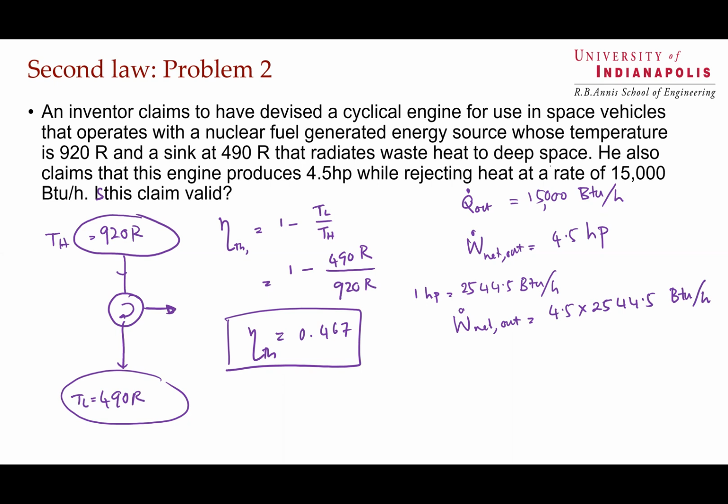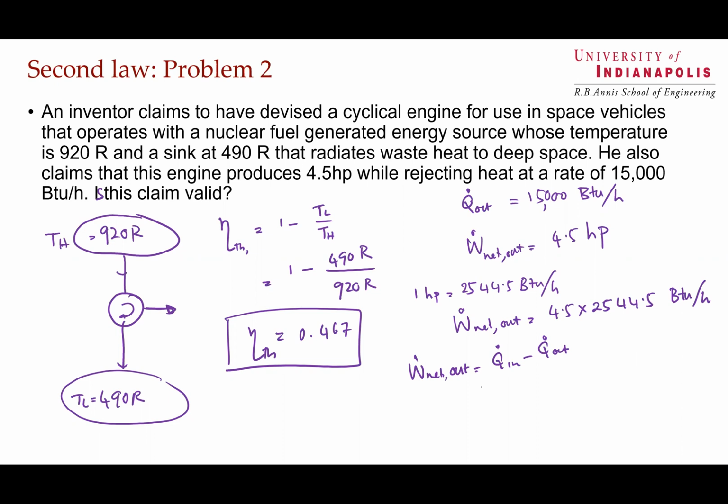So we have heat rejected, but to find the efficiency, we need heat in. By applying the first law of thermodynamics, as I showed earlier, I can write W dot net out is equal to Q dot in minus Q dot out.